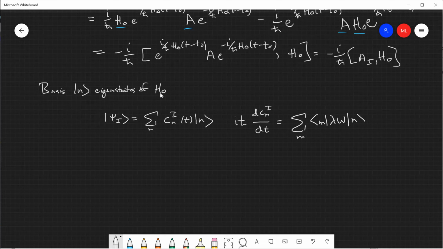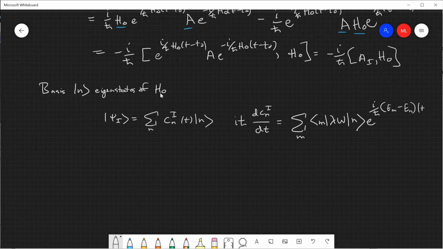And then, of course, we have these exponential factors due to the fact that the W has to be in the interaction picture. So instead of W I here, I'm going to write the actual perturbation. And then the two exponentials on the side will hit these basis vectors and just give us factors of the energy, Em minus En.